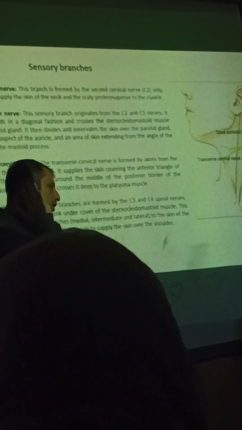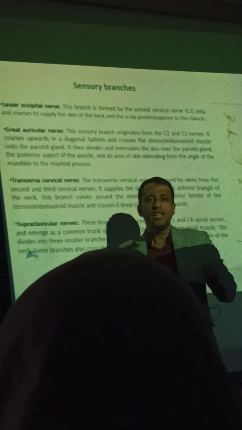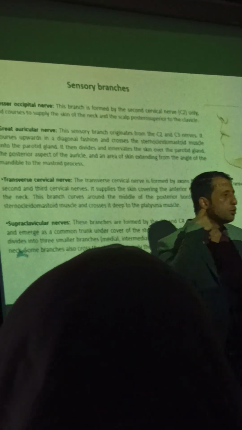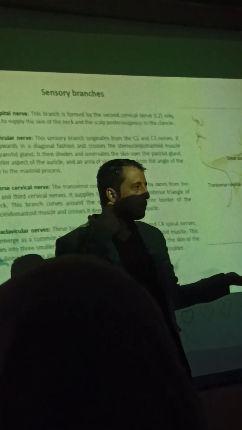Inferior two-thirds, at the lateral and at the medial part, is innervated by the auricular branch of the great auricular nerve. Another branch of the great auricular nerve innervates the area posterior to the auricle. Which process is it? Mastoid. So it is named mastoid branch. They are the branches of the great auricular.